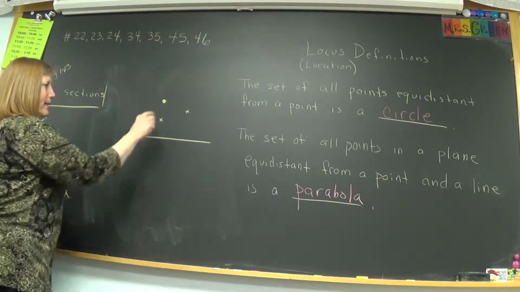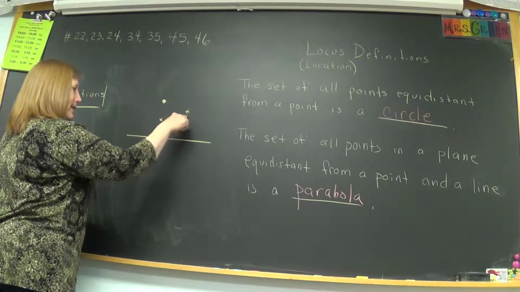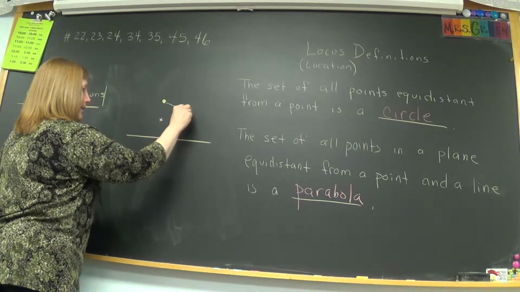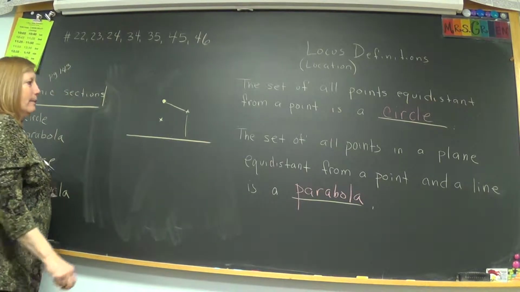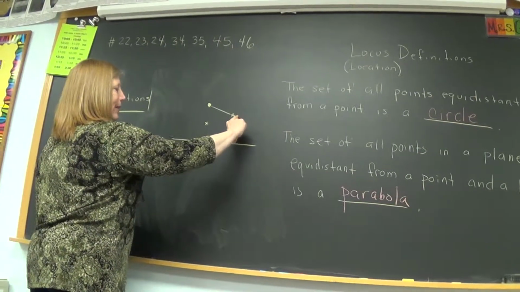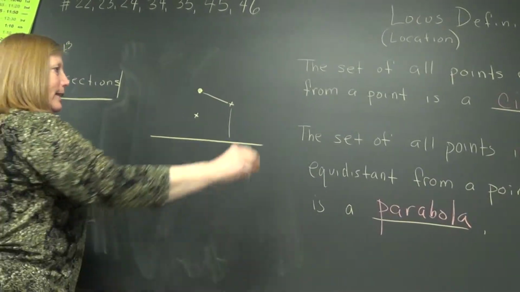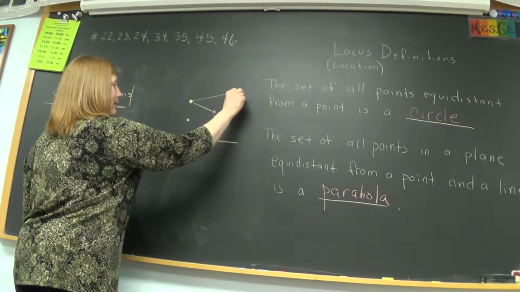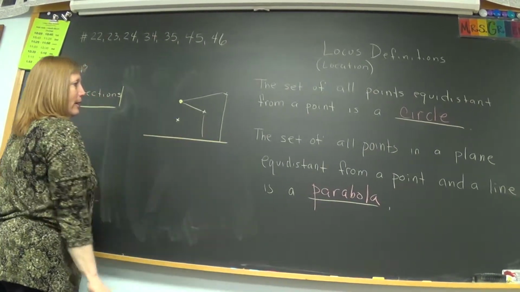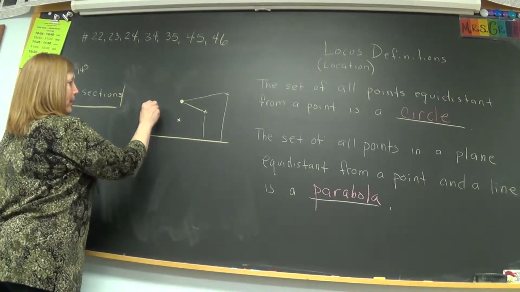Do you see that the distance from this point to this line is also the same? My drawing's a little off, I suppose. So imagine that we have a point where those are equal, and then maybe a point about right here where the distance from the point to the line are equal, and so forth over here.